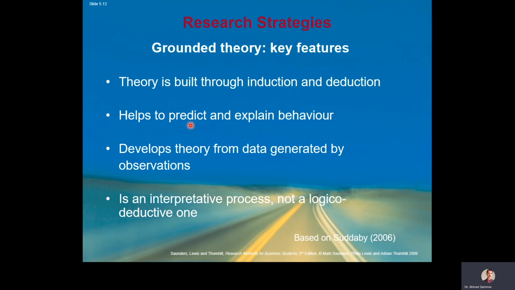Data comes first, and based on data, using an inductive approach, we try to predict behavior, we try to develop theory from data generated by observations, right? So grounded theory, as I said, is unlike survey research. It uses an inductive approach, and since it does, it's from data to theory, not from theory to data, right?